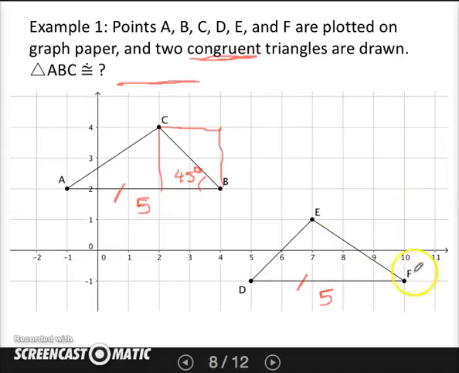Well, side EF is not making a diagonal of a square, so this angle doesn't look like it can be a 45-degree angle. But over here, we do have a side that's making up the diagonal of a square. So this angle is 45 degrees. So now it's looking as if this vertex might be supposed to line up with vertex D.